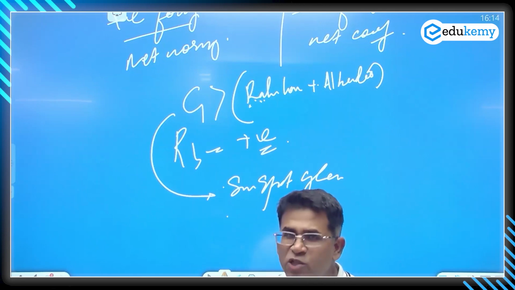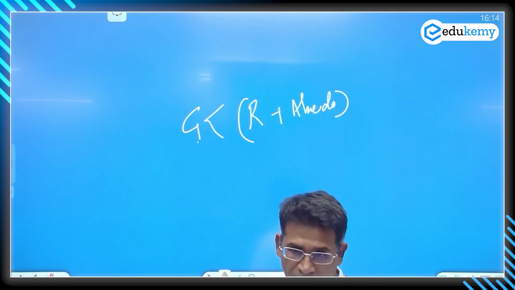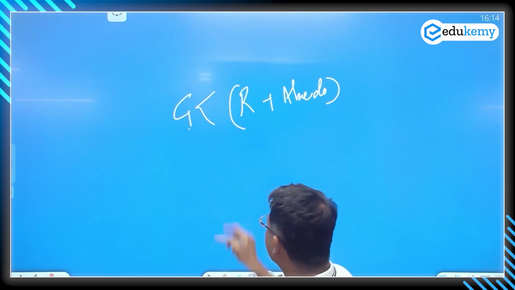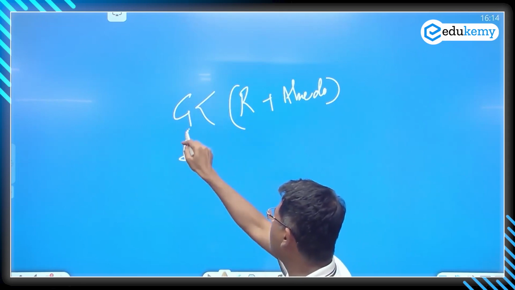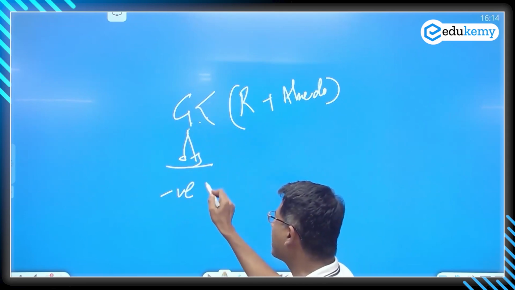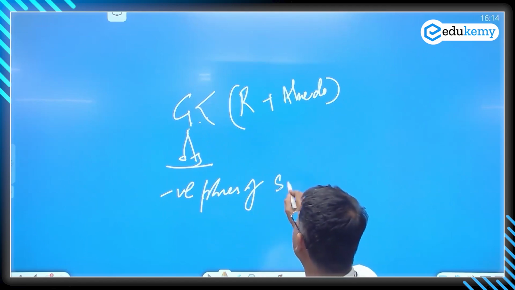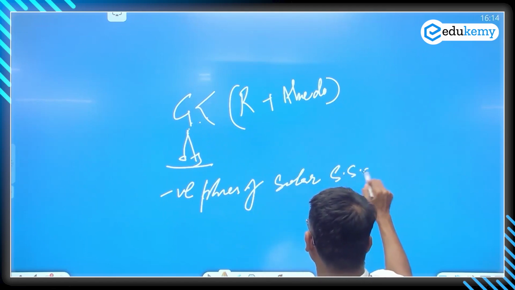Sunspot cycles. Okay, you have got solar winds, sunspot cycles, solar winds, and write negative forcing. When the net G is less than, when G is less than this, okay, this happens mainly. When will this be less? One is the negative phases of the solar sunspot cycles.